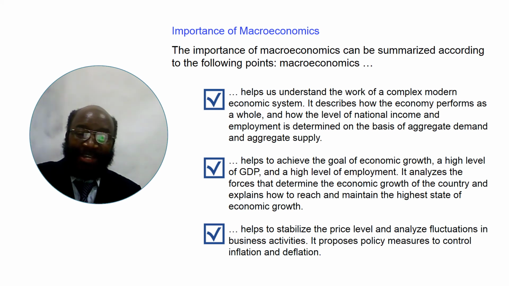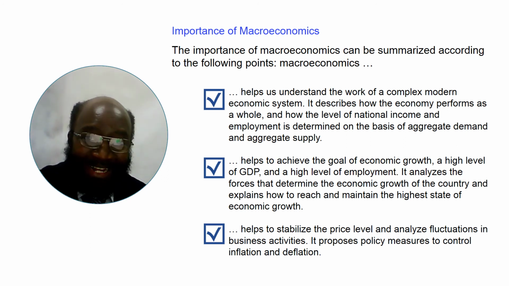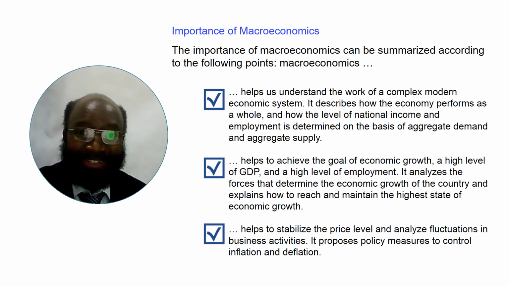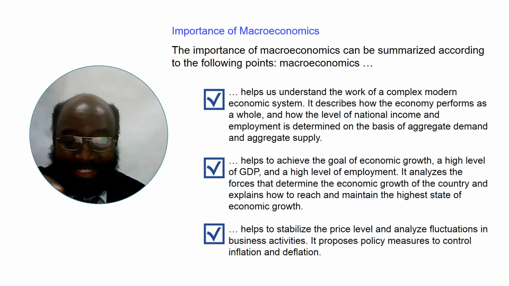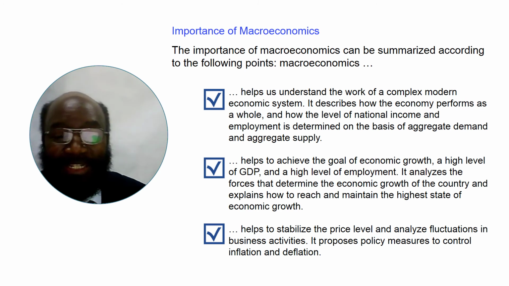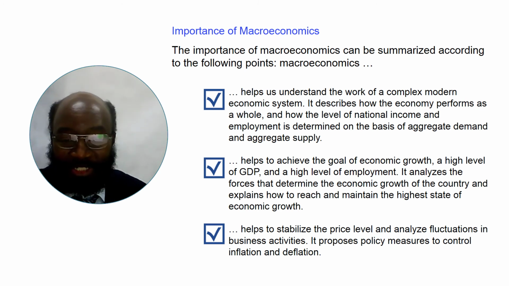The second is galloping inflation, when the increase in price is about 10% a year. During a period of 1 year, the increase in price is mainly 10%.